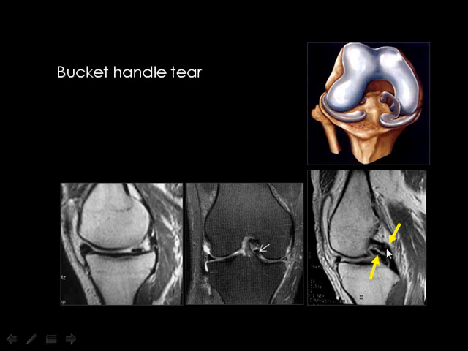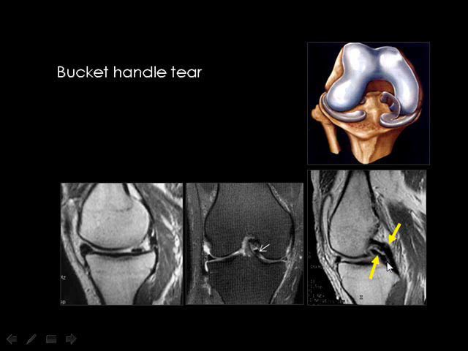This is the posterior cruciate ligament and this is the missing part of the meniscus. And you got this sign which is known as double PCL sign. Double posterior cruciate ligament sign. As if there are two posterior cruciate. One is the original and the other represents the missing meniscal fragment.